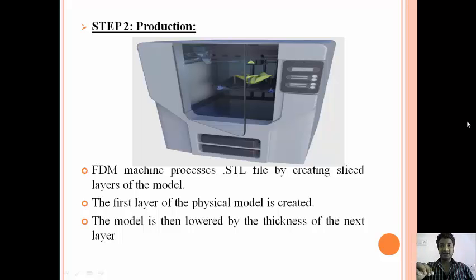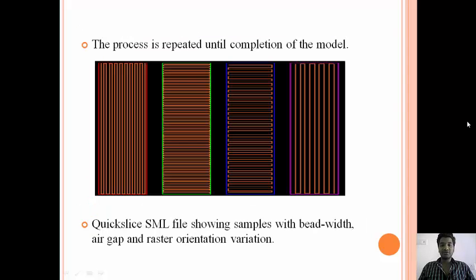After creating a layer, we move to the next layer, and the bed is moved in the Z direction for creating the next layer. The process is repeated until the model is complete.